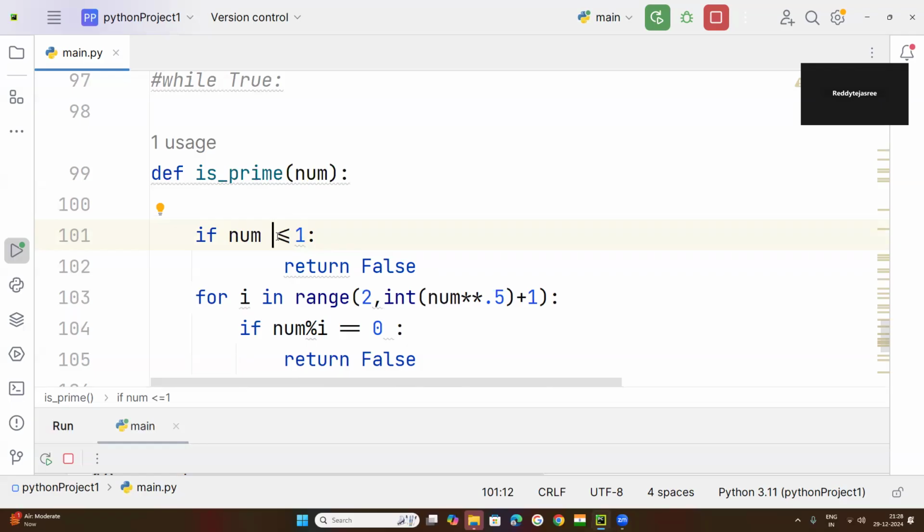Please enter greater than 1. Please enter greater than 1. Okay, this is to be implemented.